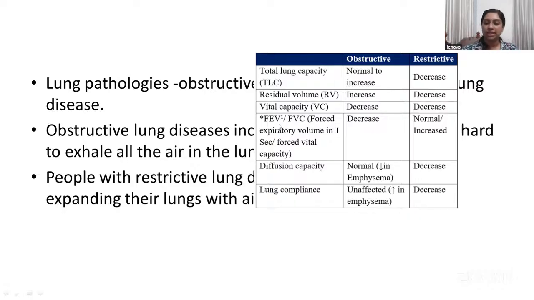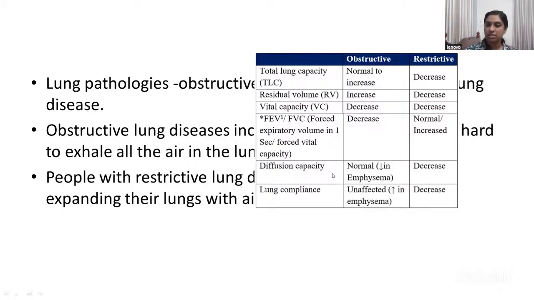So the expiration is reduced and hence FVC, the vital capacity, is also reduced. But in obstructive, FEV1 is also reduced and hence the ratio is decreased. Whereas in restrictive, FEV1 is not affected, whereas FVC is reduced, and hence in restrictive type, the ratio is either normal or increased.